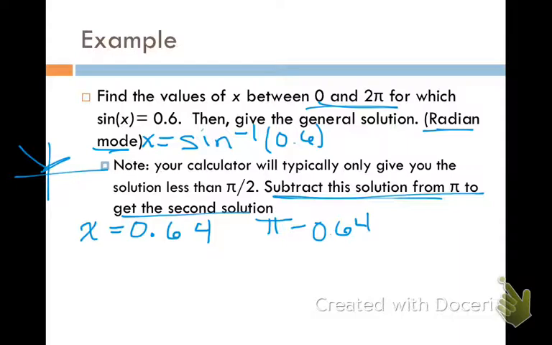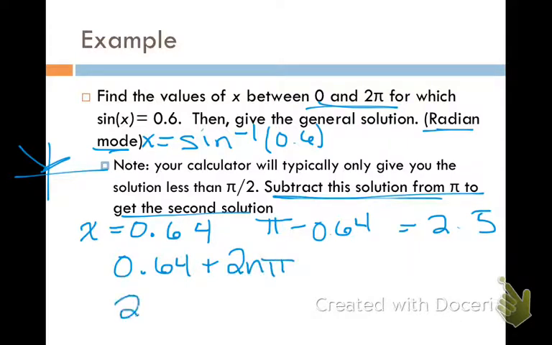And we get a second answer of 2.5. So those are our two specific answers between 0 and 2 pi. Then we get our general solutions, which would be 0.64 plus 2n pi, and 2.5 plus 2n pi. The n tells us that we're going to be using multiples of 2 pi. The n's would be integers.